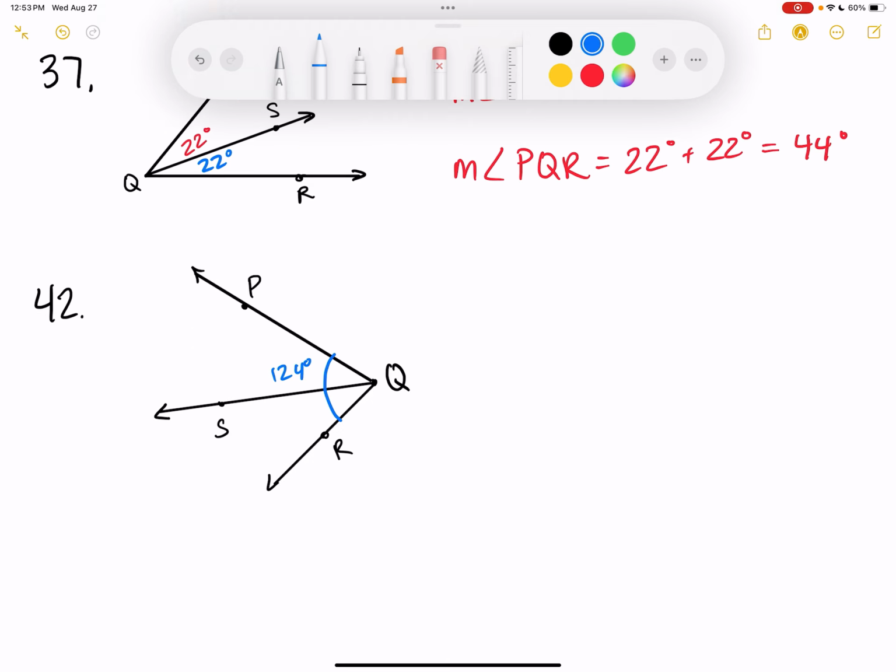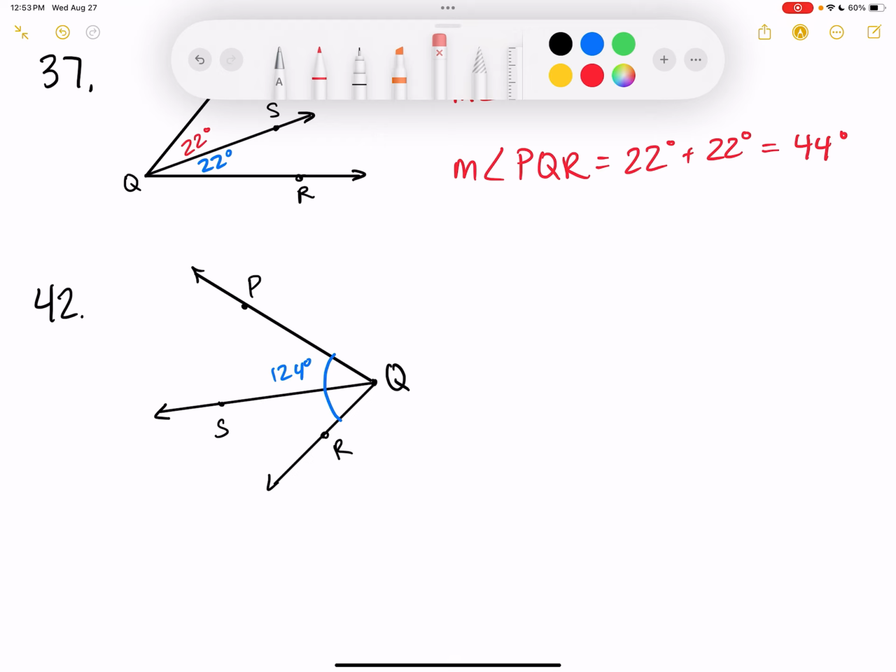So this one's a little bit different. When they draw the arc all the way through like this, that means that's the value of the entire angle. If they were going to show that these two things were congruent, they would not do them side by side. They would offset them like that. Now, we know because it's an angle bisector, they have to be congruent, but they don't have them marked that way. So this is what it looks like.